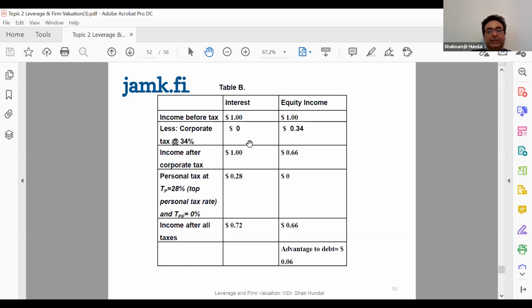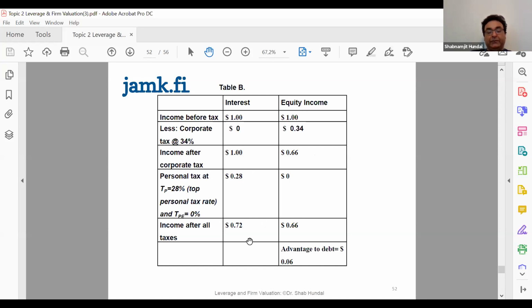This time I assume that the corporate tax rate is 34. So the interest holder gets 1 minus 0, 1. The equity income holder gets 1 minus 0.34, basically 66 cents. Here we assume that the personal tax on debt is 28%, whereas the equity still remains 0.